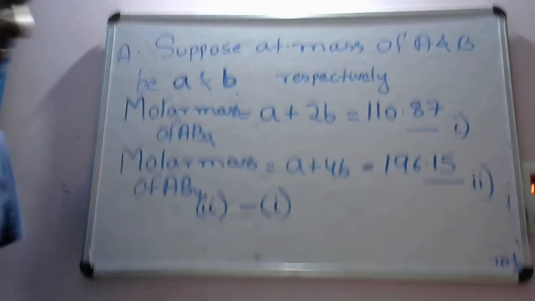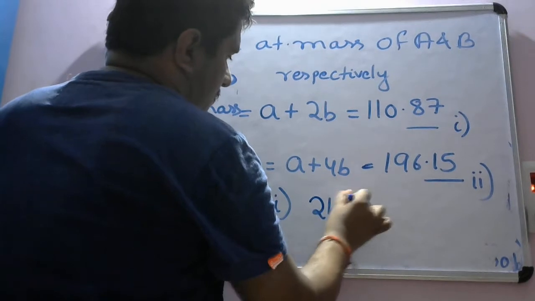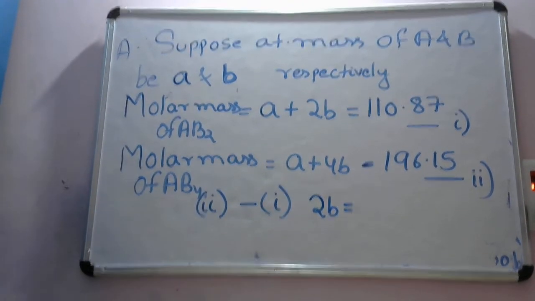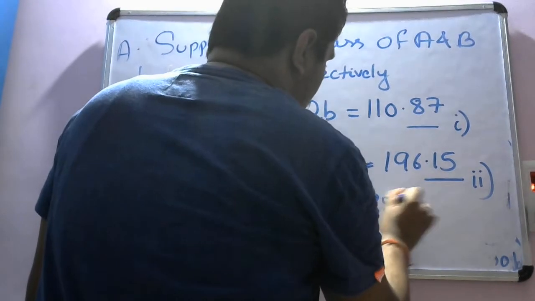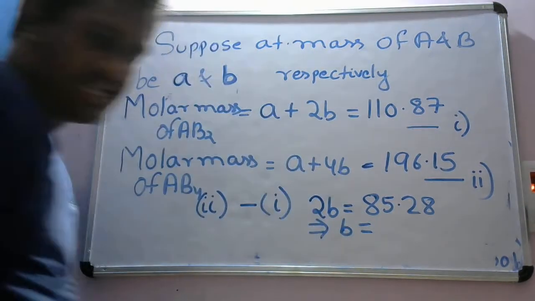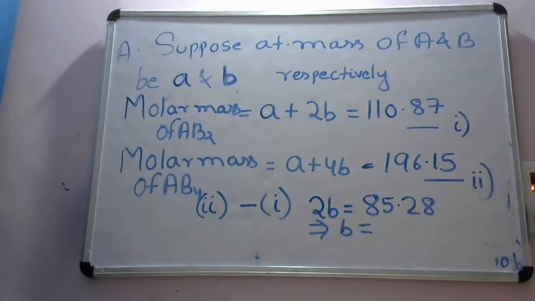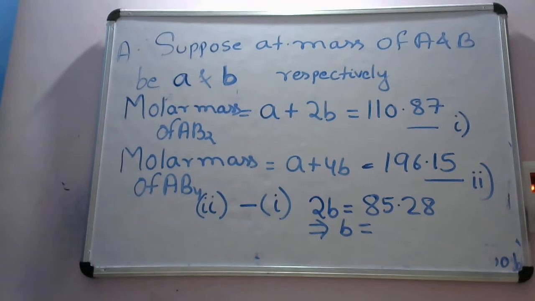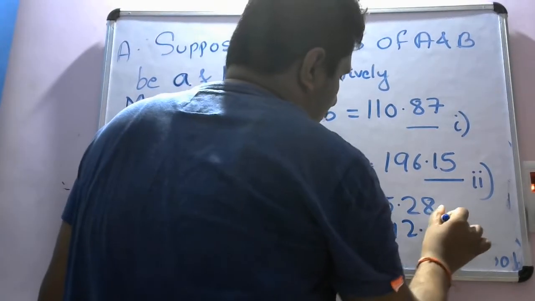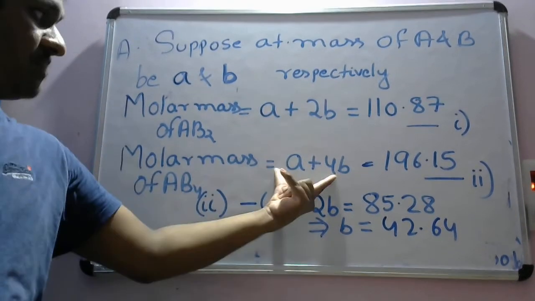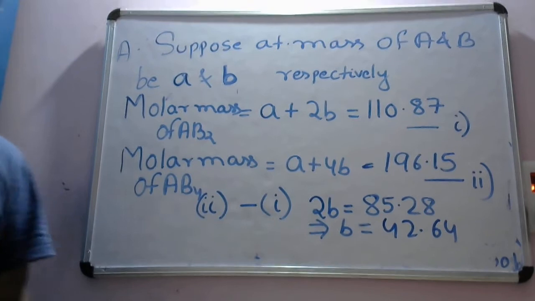You will get 2b, and the 2b value you will get to be 85.28. This implies the b value is 85.28 by 2, that is 42.64. We subtracted equation 1 from equation 2.